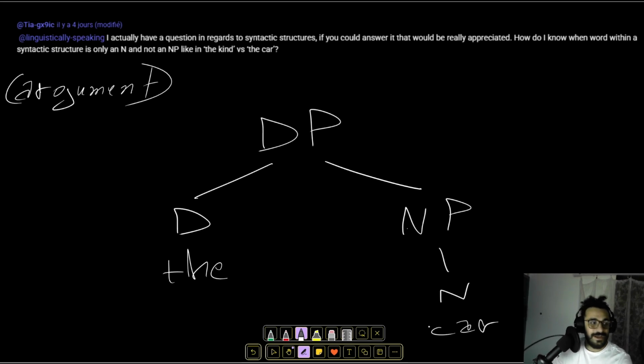But most of the time in practice, if the phrase is headed only by its head and it doesn't have its complement, most of the time what we will see is just the word car written here.